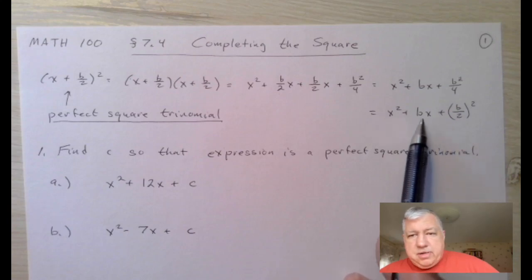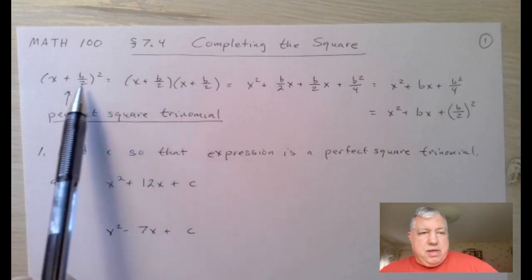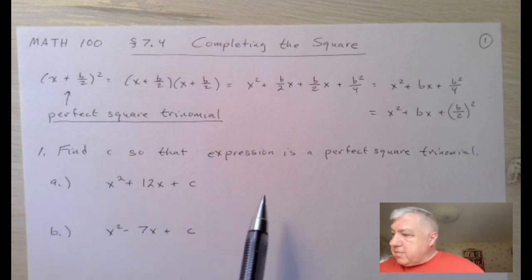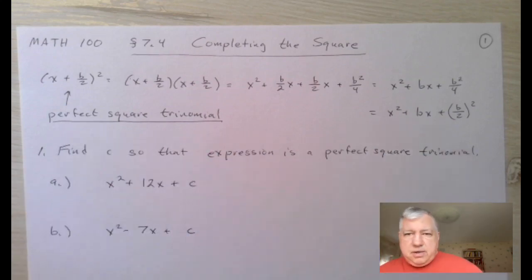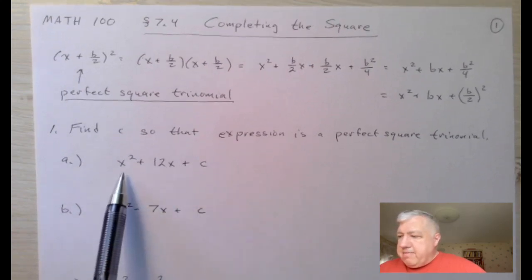So if you add the right number, you get something which is something squared. This is what we call a perfect square trinomial.